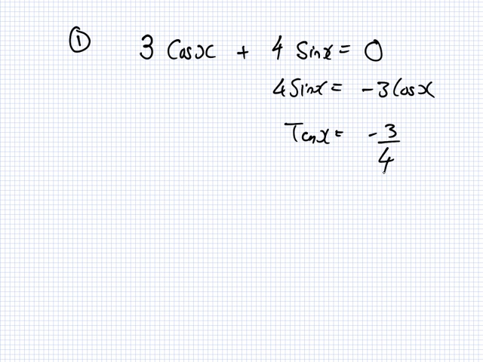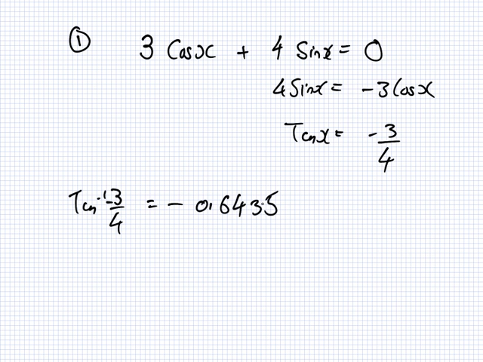That's not too hard. We need to have 2 answers here. I think it looks like I used radians at the back, so can somebody give me what's tan inverse minus 3/4? Minus 0.6435.